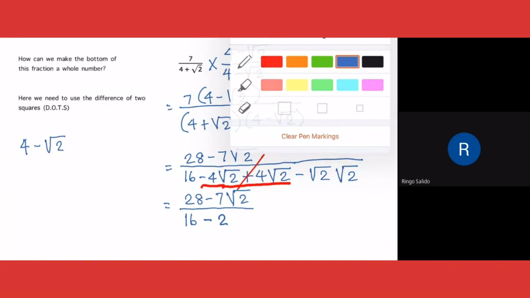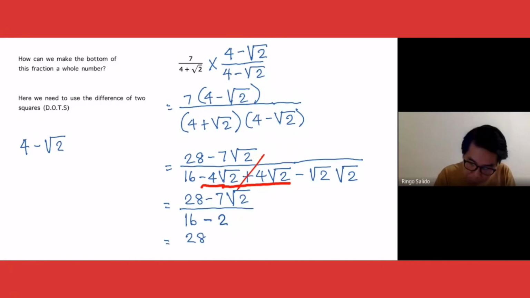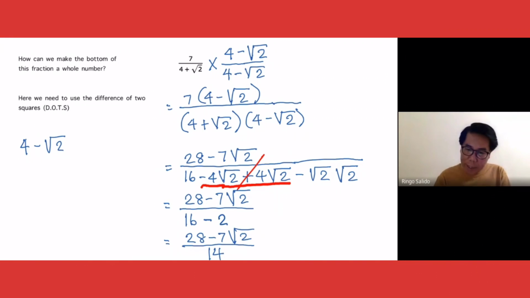Okay, let us proceed to, we have 28 minus 7 times root of 2 over 16 minus 2 is 14. Okay, we're almost done. But if you can see, 28, 7, and 14 are divisible by 7. So we can simplify that one.